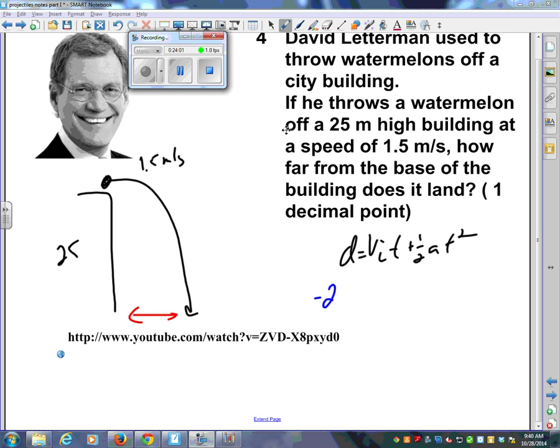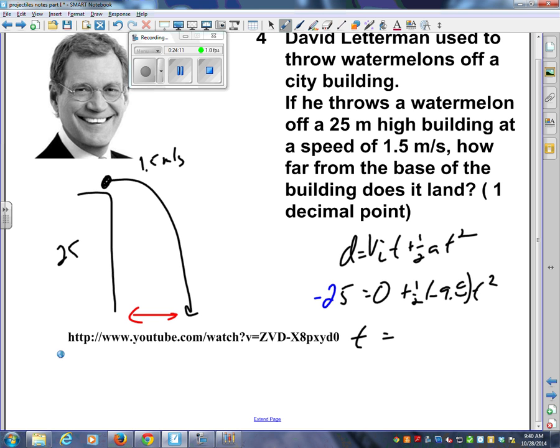The initial vertical velocity is 0, plus 1/2 of minus 9.8 t squared. You should get a t value of negative 25 divided by minus 4.9 is 5.01, and take the square root of that. I get 2.26.